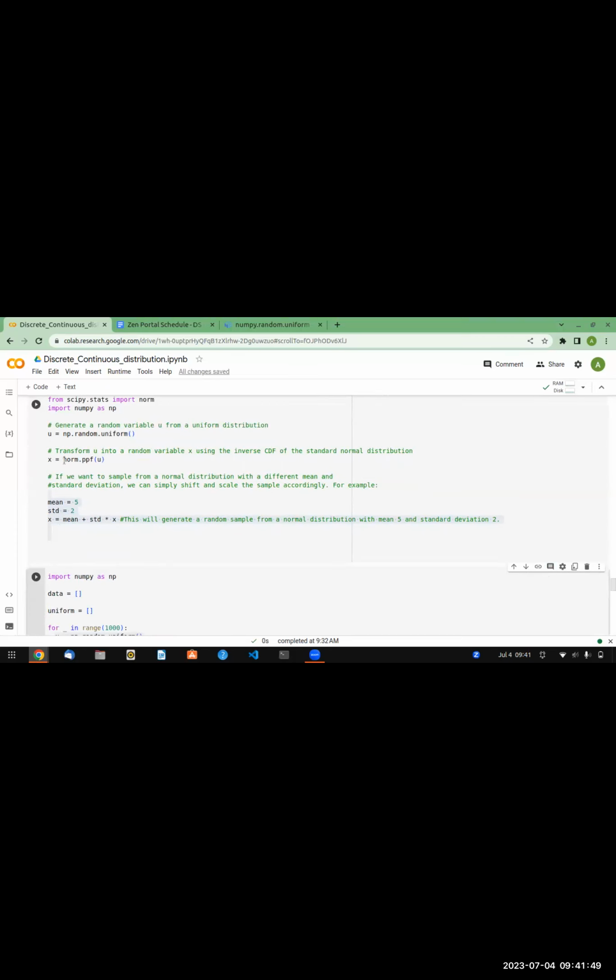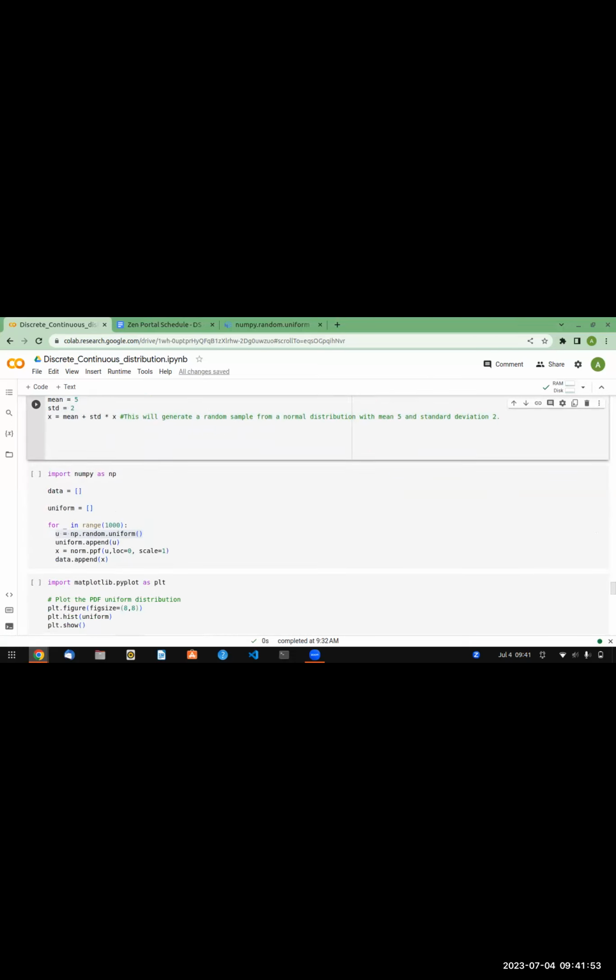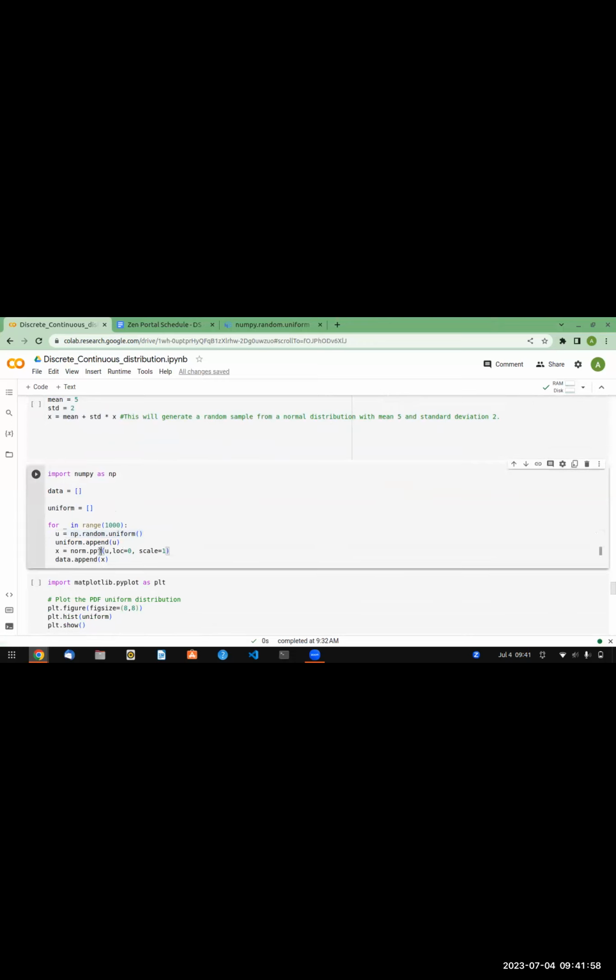We have to pass this to the inverse CDF of the normal distribution. So here we are passing this u to the inverse CDF, mentioning we want the standard normal distribution. And once you transform the data, you store it with data.append in this list.